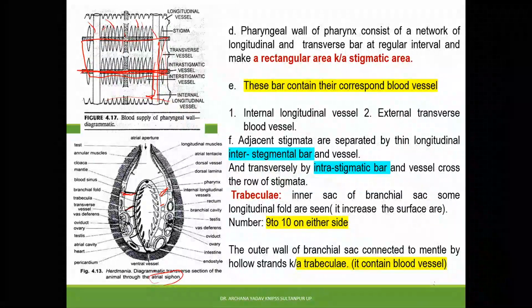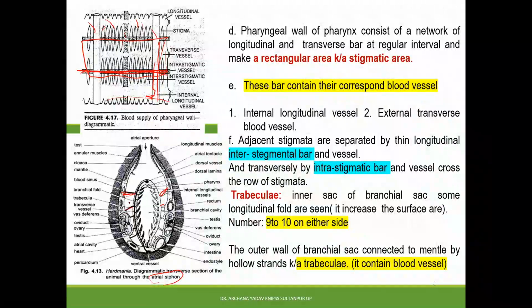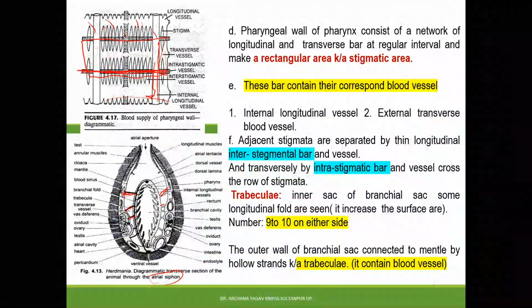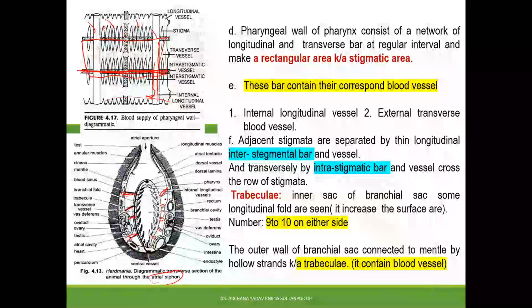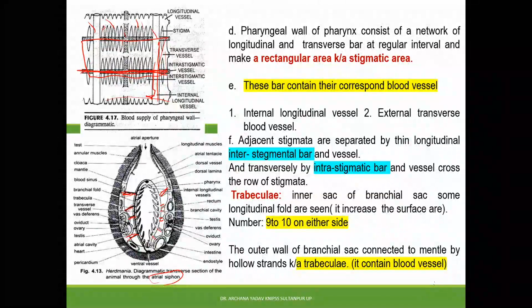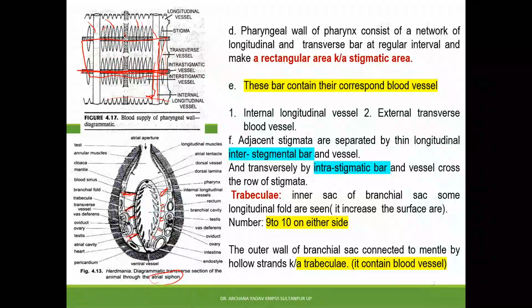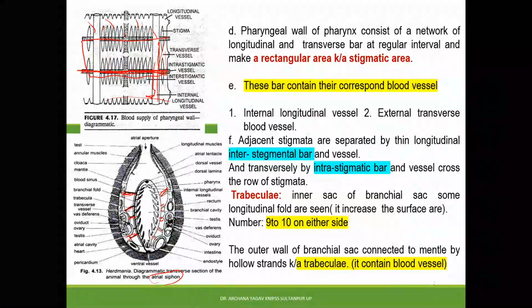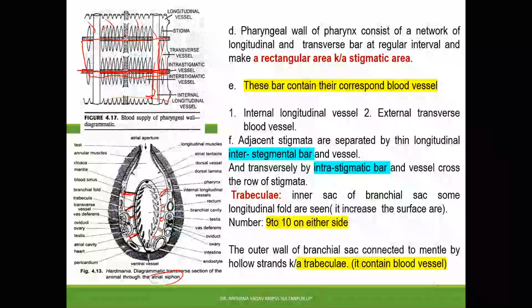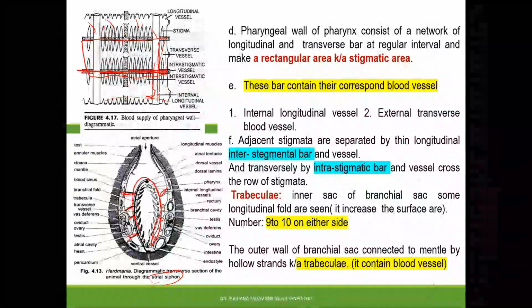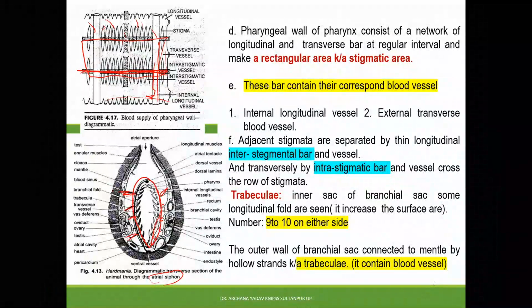In this diagram, the thread-like structures shown here are known as trabeculae, which are present on both sides, and their number is approximately 10 on either side. These help in increasing the surface area, and they make the connection between the branchial sac and the mantle.